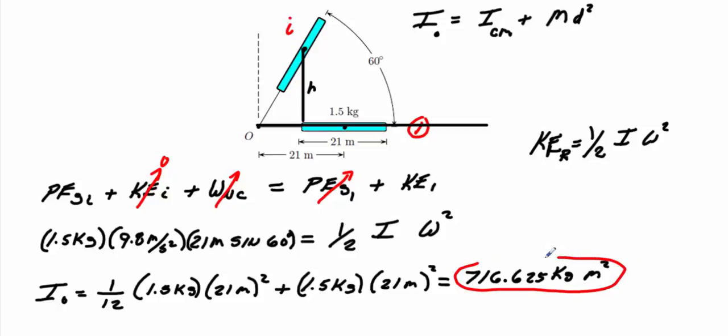All I have to do now is take out this value right here and replace it with this. So we'll erase this, slide that over, and slide in the value of I: 716.625 kilograms meters squared times omega squared.